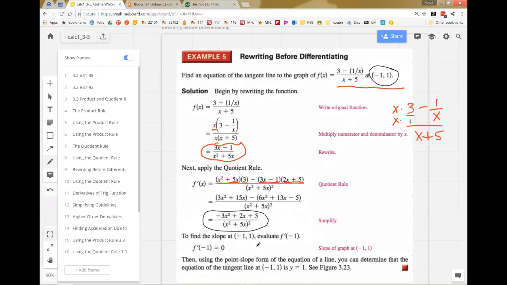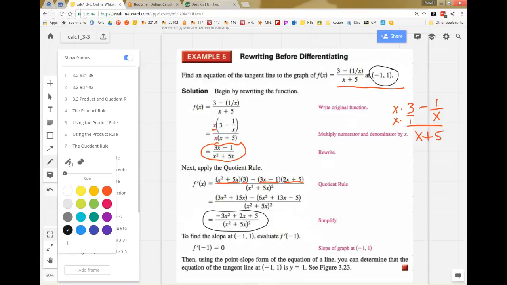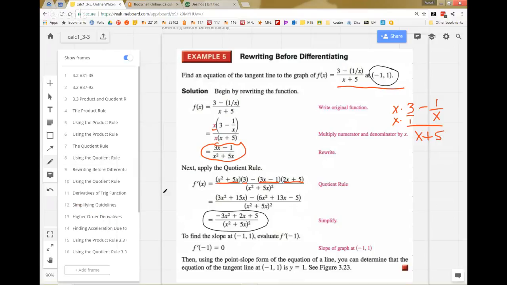This is f. Sorry, I'm not getting the pen to work, but this right here is f prime at x. Sorry for that being so sloppy.